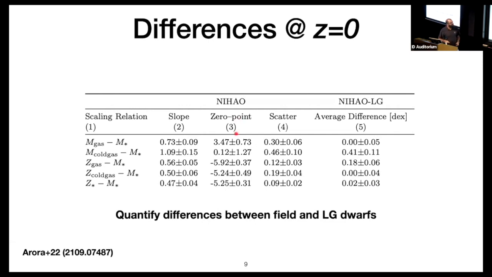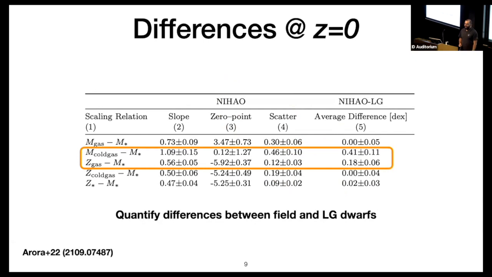So keep in mind, if I am about the same value as the scatter for the average difference, I am actually a significantly different population, because my whole average is moved across about the same value as the scatter. And as you can see, as I pointed out qualitatively in the plots before, there are two quantities that are different: the cold gas mass and the gas metallicity. So these are the two unique properties of the local group dwarf galaxies, central dwarfs.